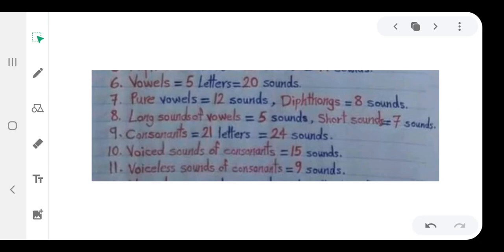Long sounds of vowel, 5 sounds. Short sounds, 7 sounds. Consonant, 21 letters, 24 sounds. Voiced sound of consonant, 15 sounds. Voiceless sound of consonant, 9 sounds.